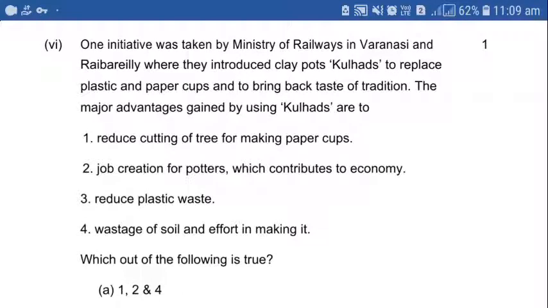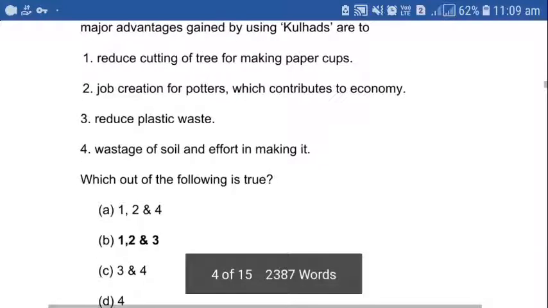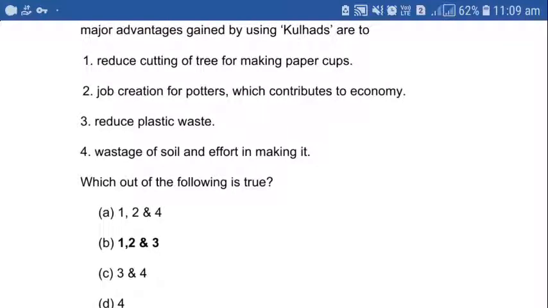Here are the different options. The points are: reduce cutting of trees for making paper cups, which the organization wanted to do by introducing the kulhar; number 2, job creation for potters, which contributes to the economy.